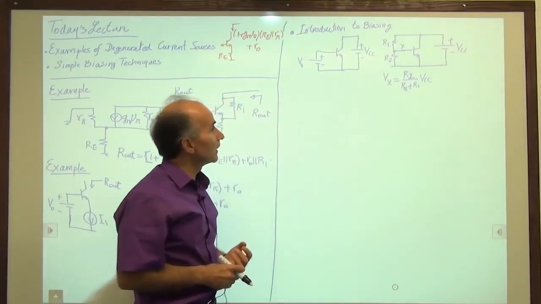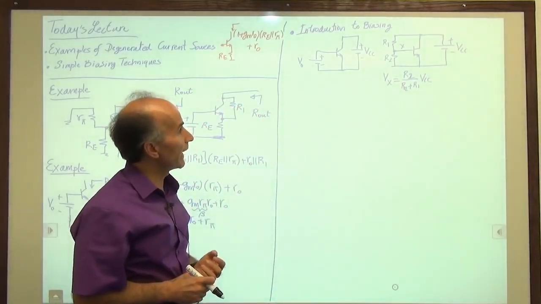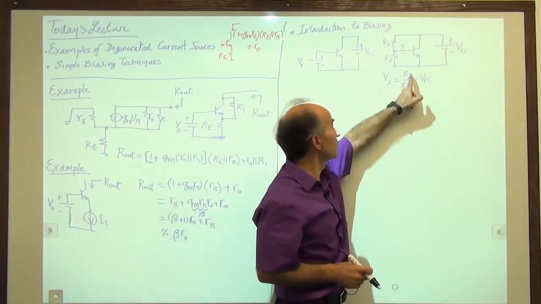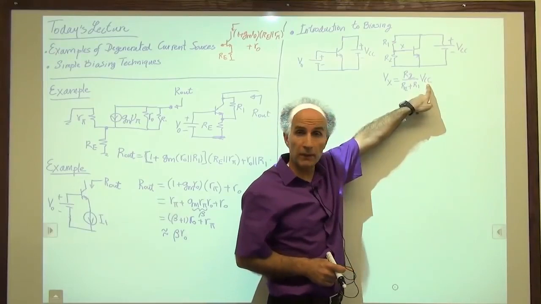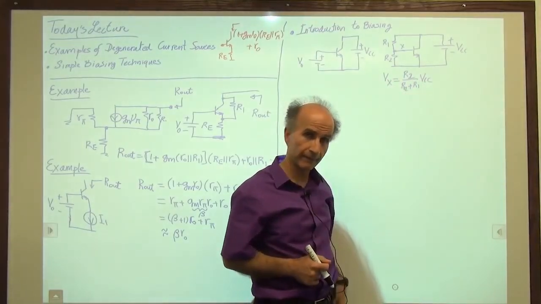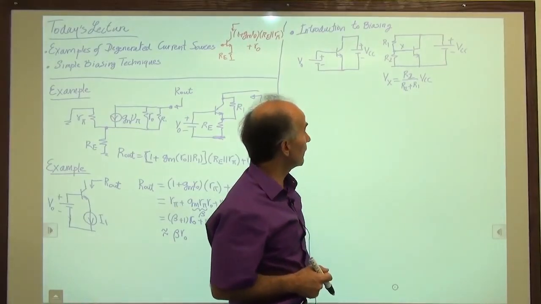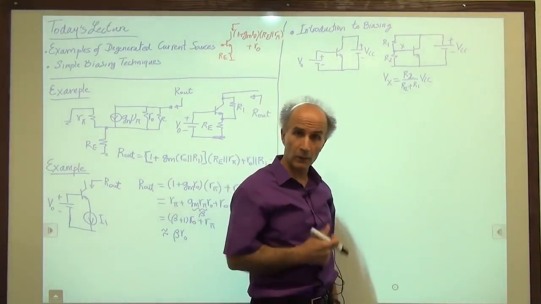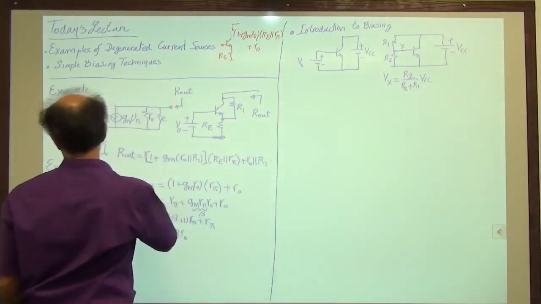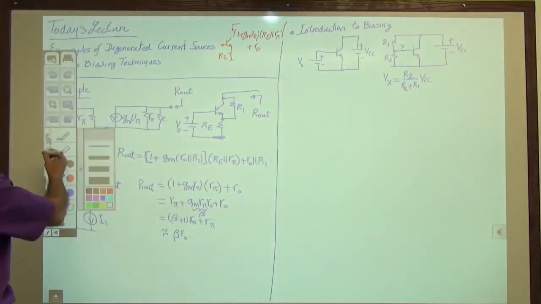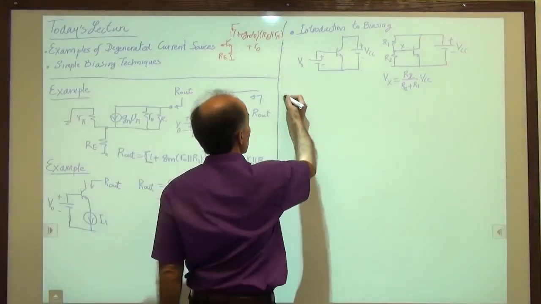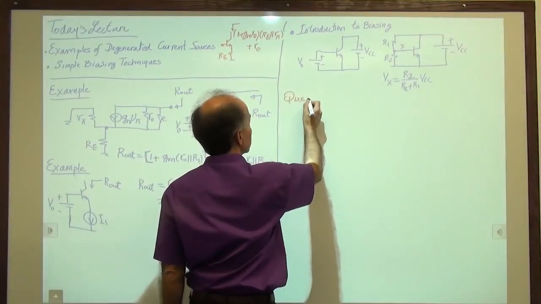All right, so that's what we have, and it seems that it shouldn't be that hard to choose the values of these resistors if VCC is known, and I know that Vx should be about 0.8 volts. But a number of questions arise here, so I will write down the questions and I will try to answer them. So let me change the color of my pen to red, and so we have a bunch of questions here.